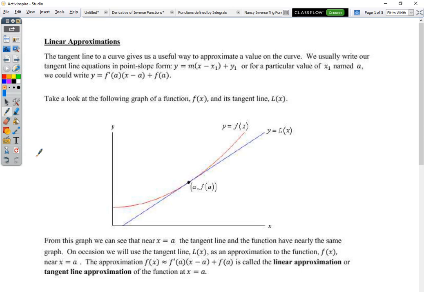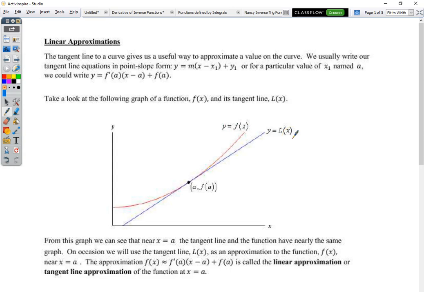So what linear approximation basically does is it says that if I take a curve and create a tangent line, you can see that we have y equals f of x, that's my function, and then we have y equals L of x, some tangent line function here.